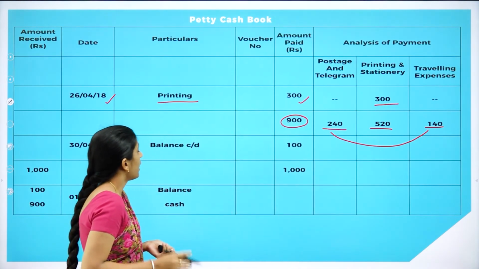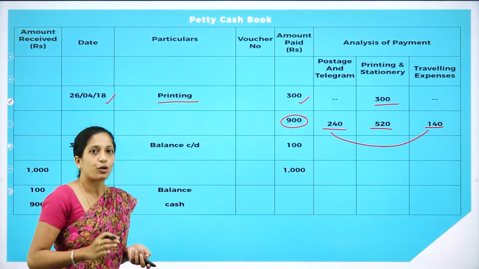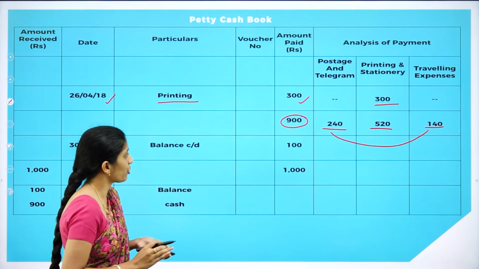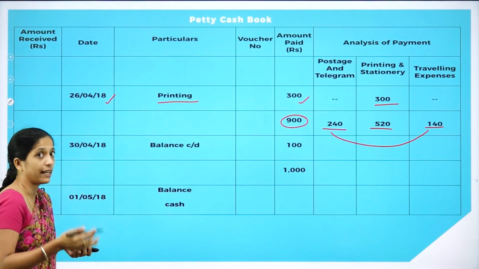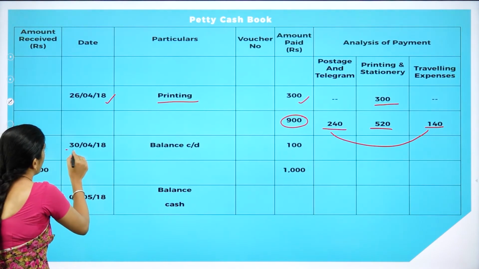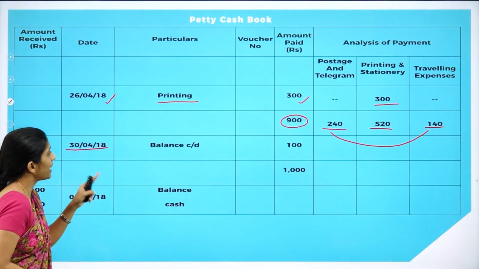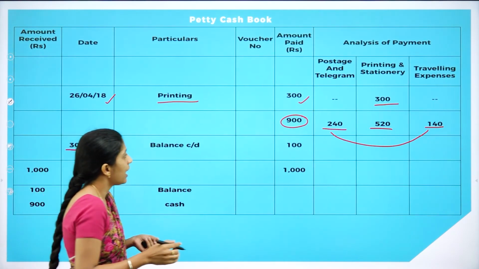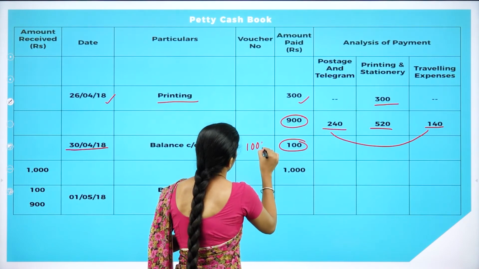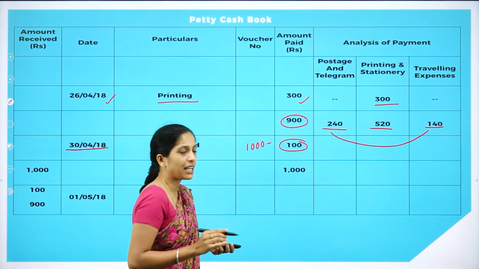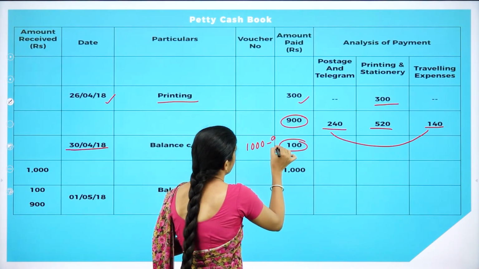Clear? Yes. Now out of 1000 rupees, you have spent 900 rupees. Now what is the balance? It is balance carried down. On which date? End of that particular month, so end of April. How much is the balance carried down? 100 rupees. So how did we get this 100? 1000 which is given by the main cashier minus the amount spent, that is 900.